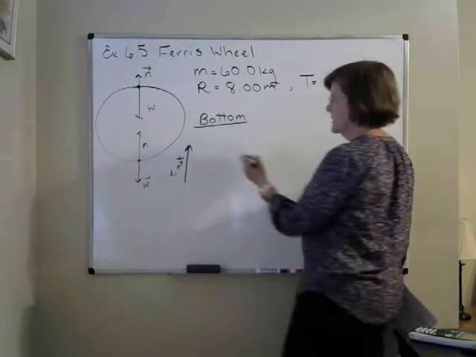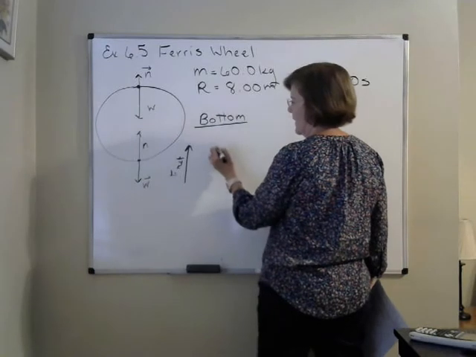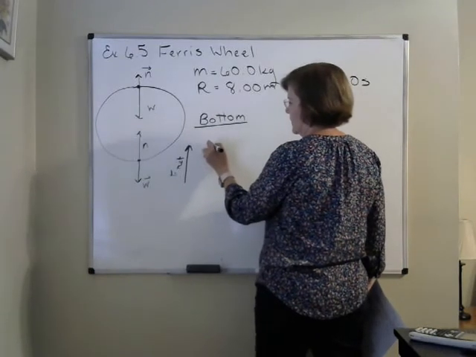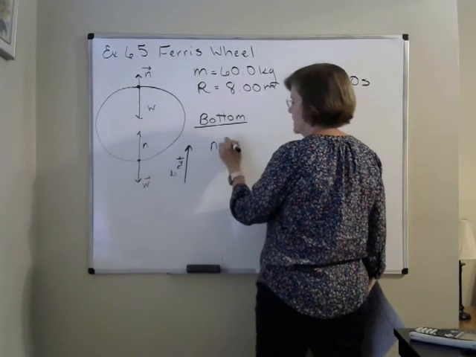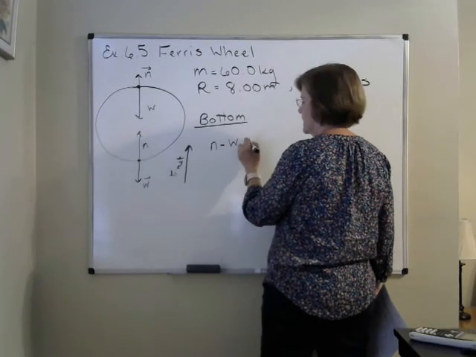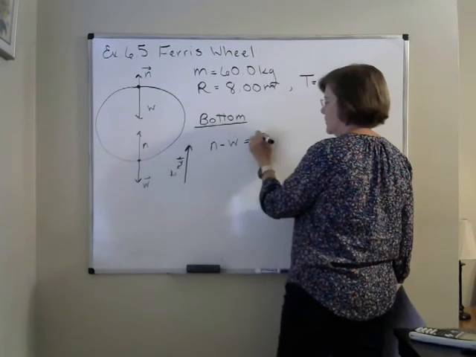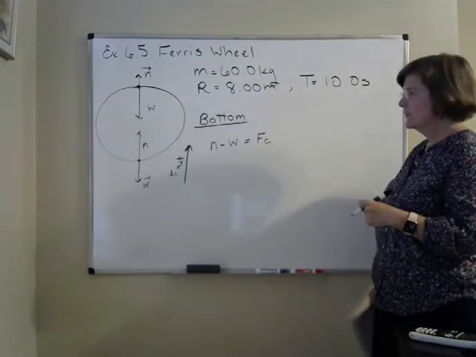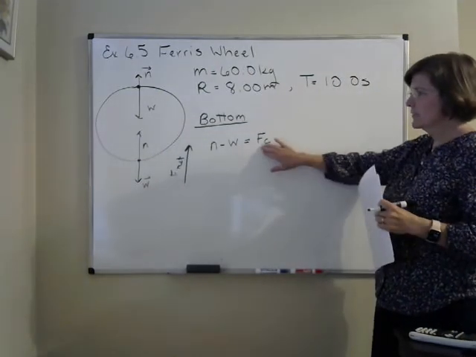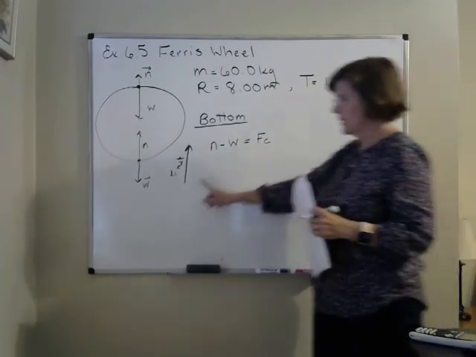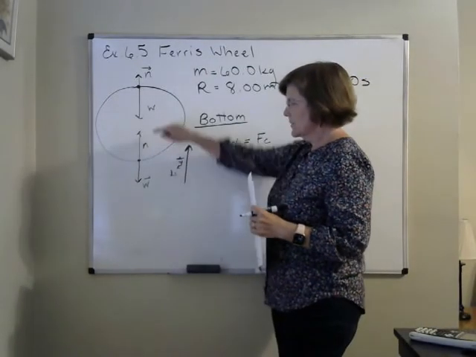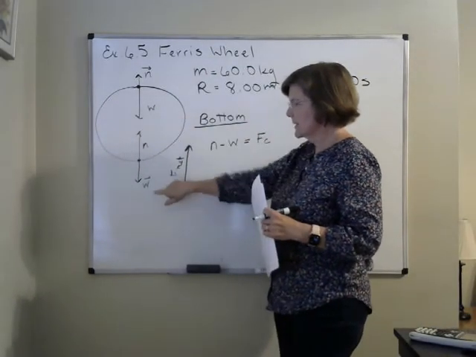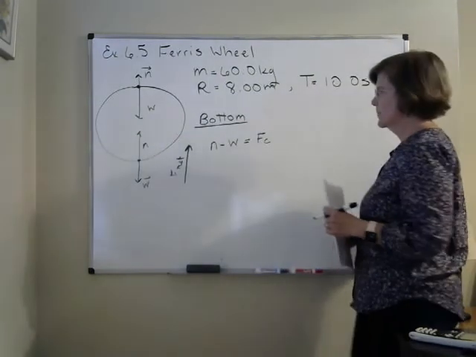In that case, the normal force minus the weight must equal the centripetal force. Remember, the net force is the same thing as the centripetal force. And we know the net force points up. So the normal force minus the weight must equal the centripetal force.